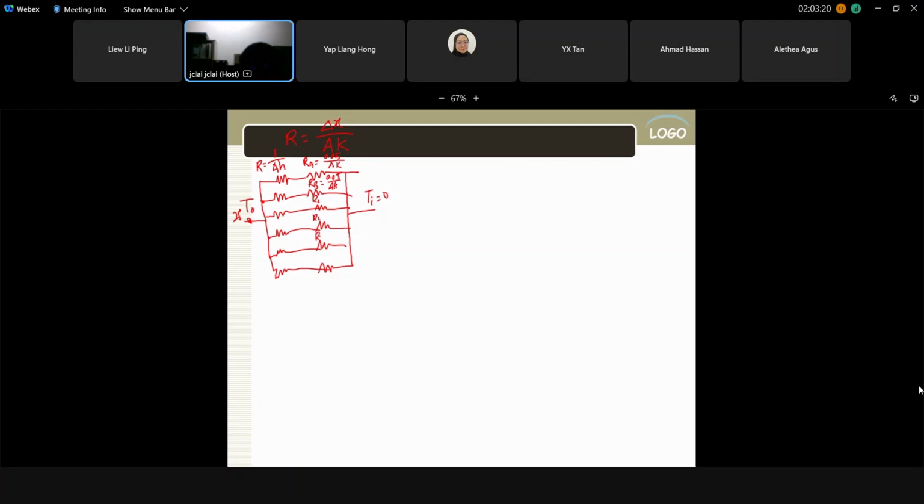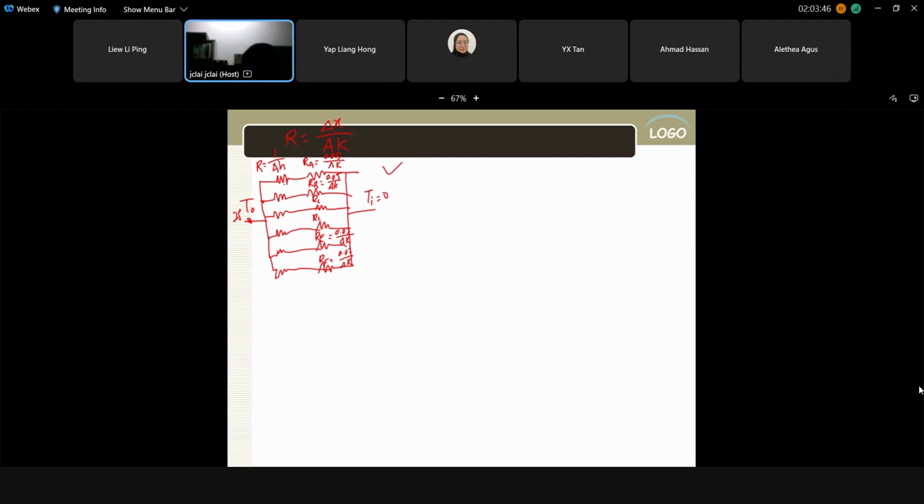Now RE is different because it becomes 0.02 over AK. RF also 0.02 over AK. Right? So this is the correct, most fundamental circuit diagram.